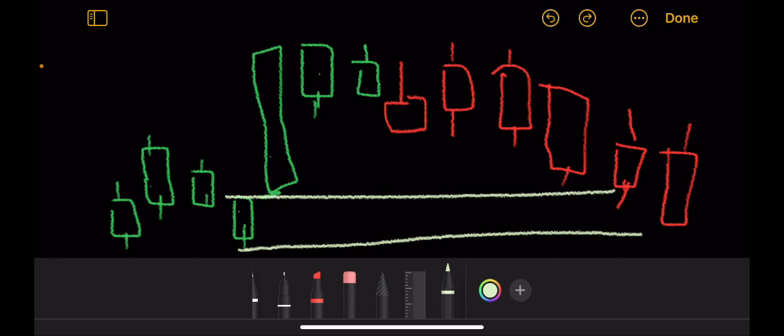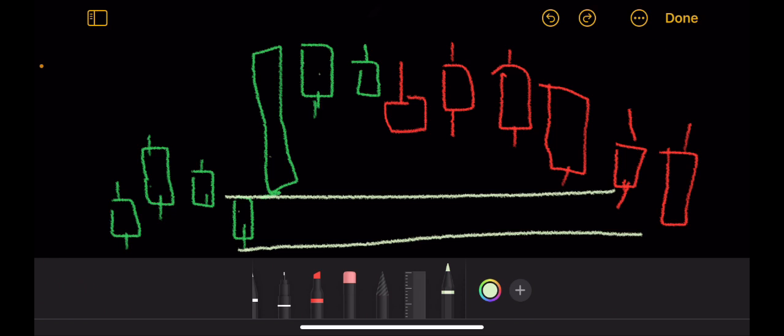This area right here, think back to the last video, the top of this and the bottom of this candlestick, this creates what we called in the prior video either demand or order block.